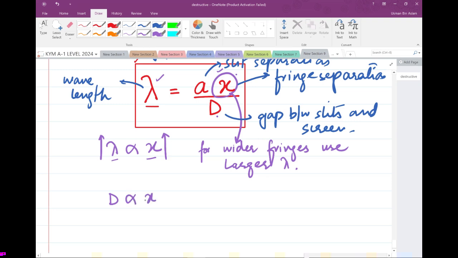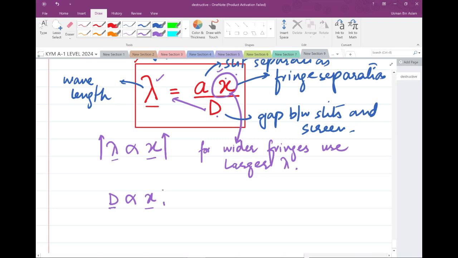How do I know D is directly proportional to x? The two variables that we are interested in, x and D, one of them has to be on the other side of the equation. So if you take D on the other side of the equation, it becomes a part of the numerator. So x and D are both directly proportional.